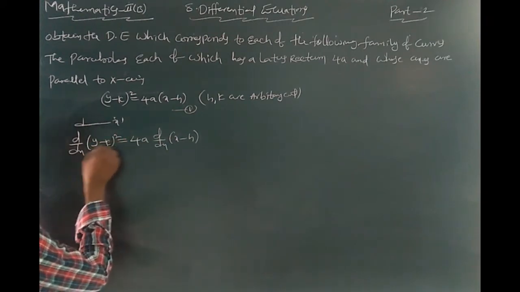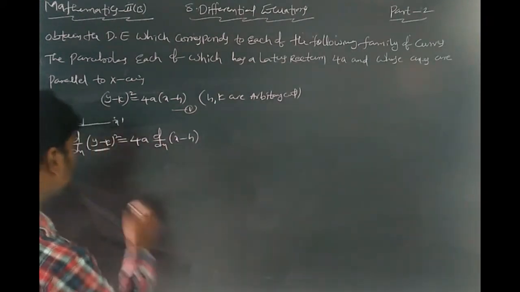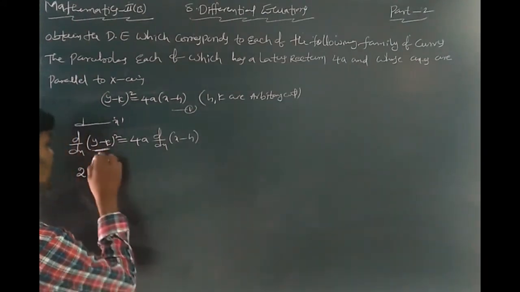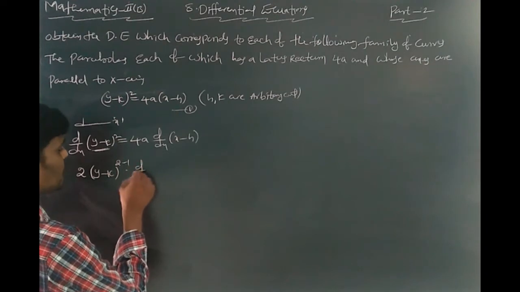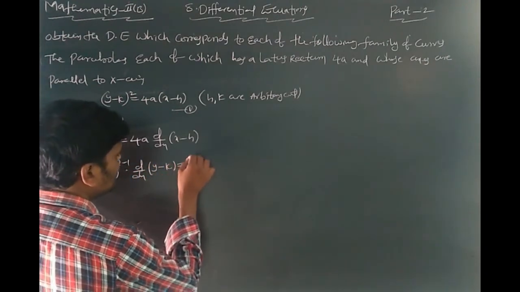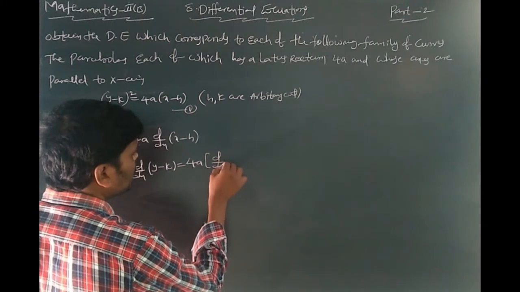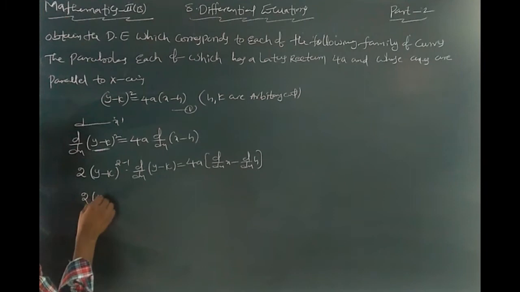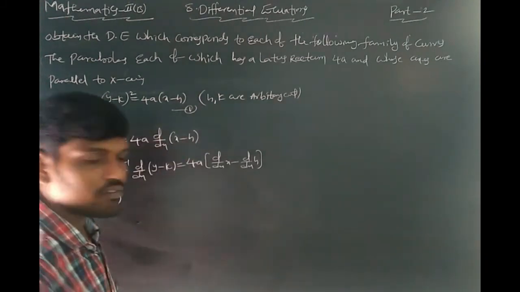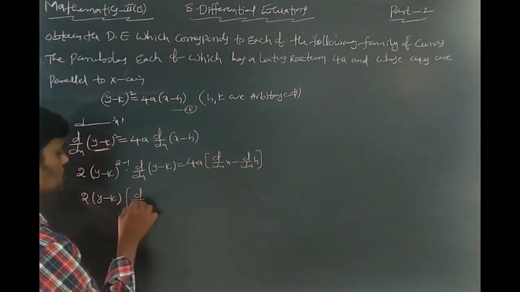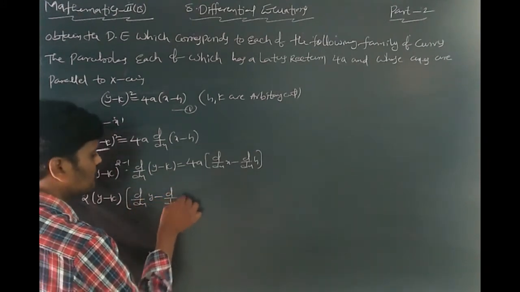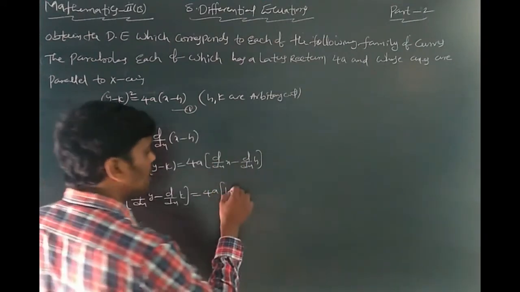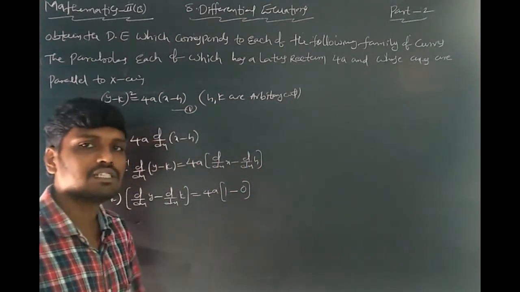After that, use the power formula: n into y minus k whole power n minus 1, so 2 into y minus k whole power 2 minus 1, which is 1, into the derivative of y minus k, is equal to 4a into the derivative of x, which is 1, minus the derivative of h, a constant, which is 0.